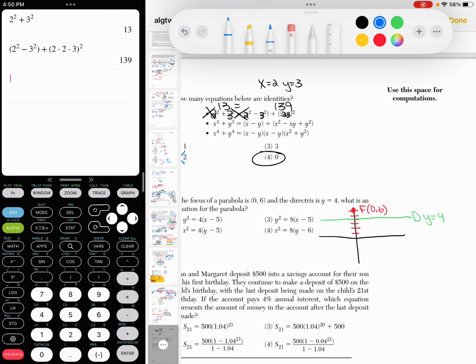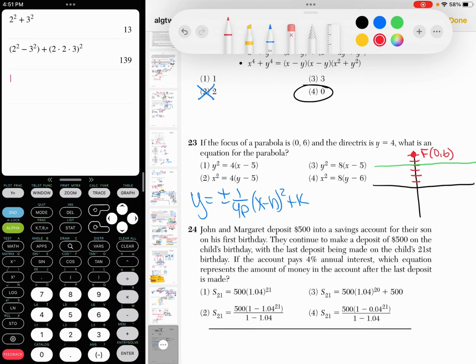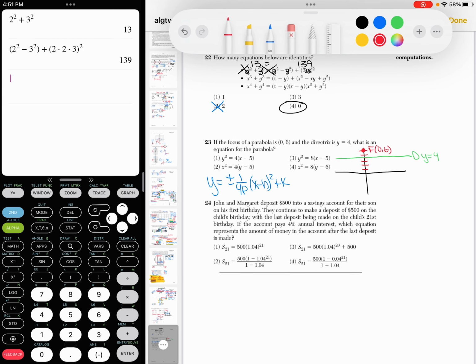Now, when you have a focus directrix example, the vertex is very important. So is the formula for these. So the formula for focus directrix is something you're going to have to memorize, but it's plus or minus 1 over 4p times x minus h squared plus k. So hk, let me just add that somewhere.